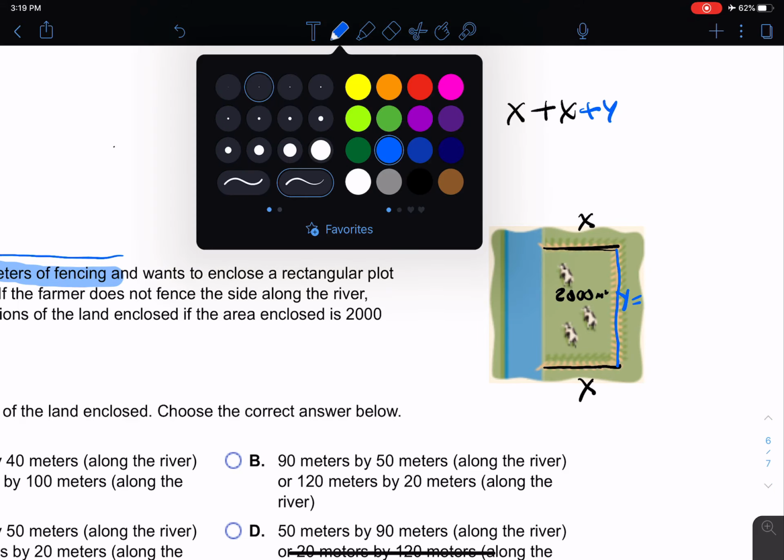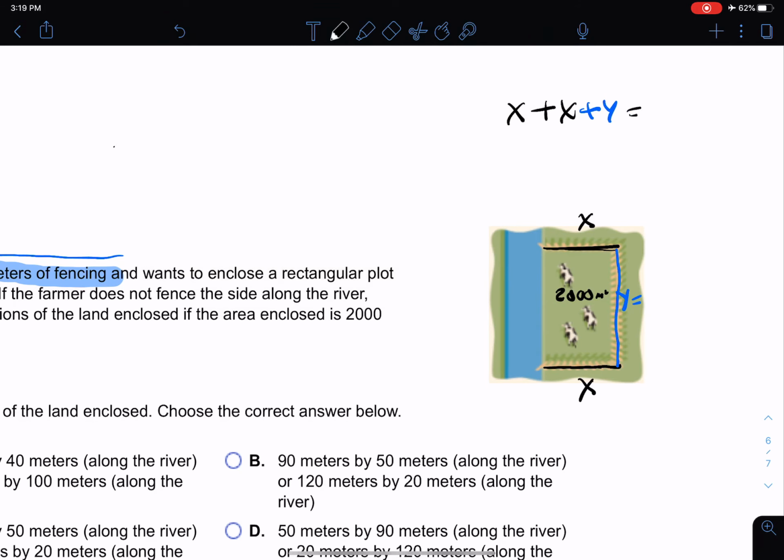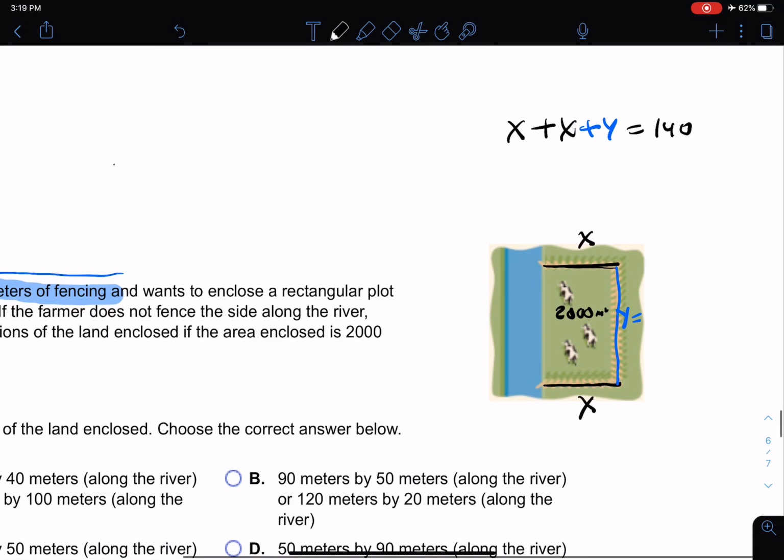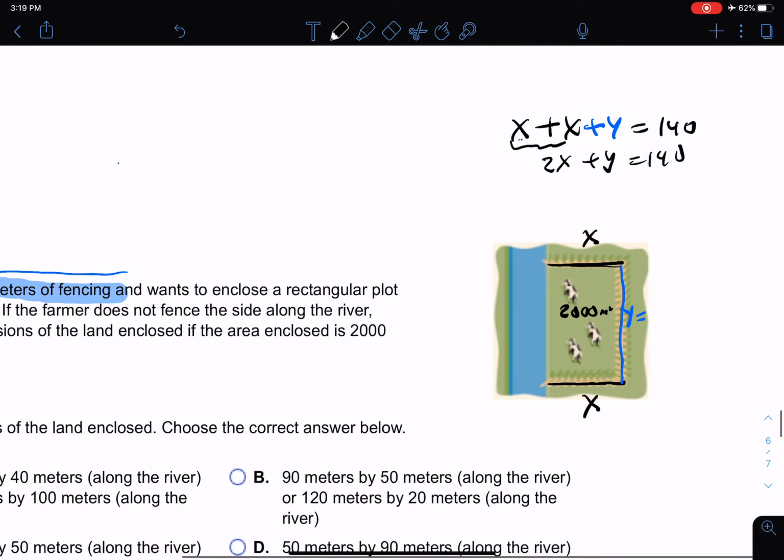This must equal the total amount of fencing that I have, and they told me that I have 140 meters of fence. So when you simplify this, you get 2x plus y equals 140. And if you simplify that further, y equals, how about if I subtract 2x from both sides? If I subtract 2x from both sides, I get 140 minus 2x.